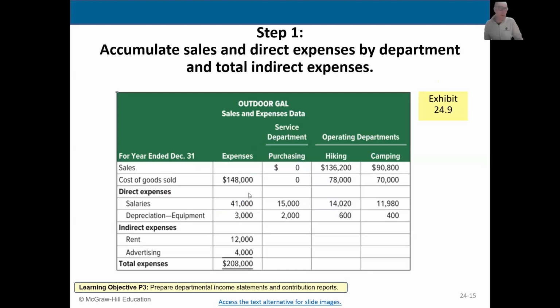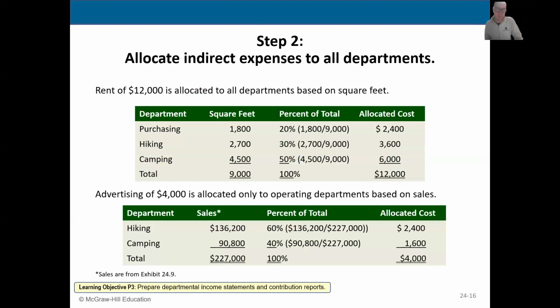Okay, so step 2 is we have to allocate these indirect expenses to the operating departments. We do that based off of the allocation basis for the activities, right? So here we have rent, an indirect expense. We have to allocate it to the 2 departments, hiking and camping, and purchasing. Sorry, purchasing is our service department.